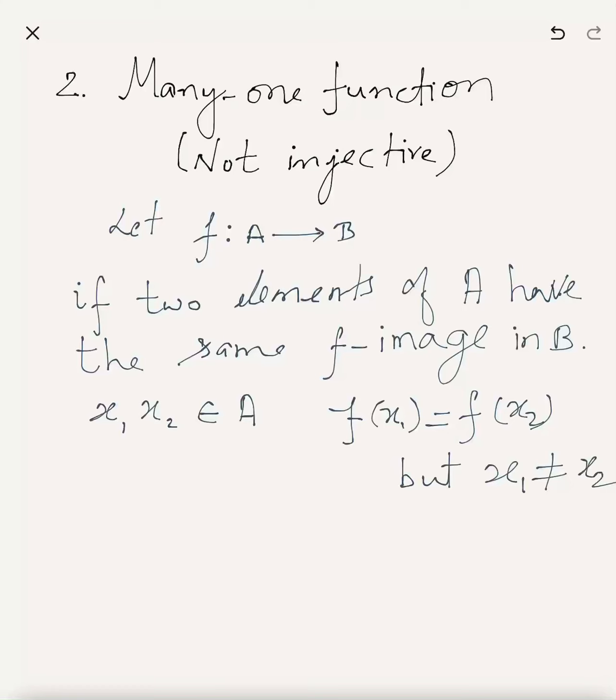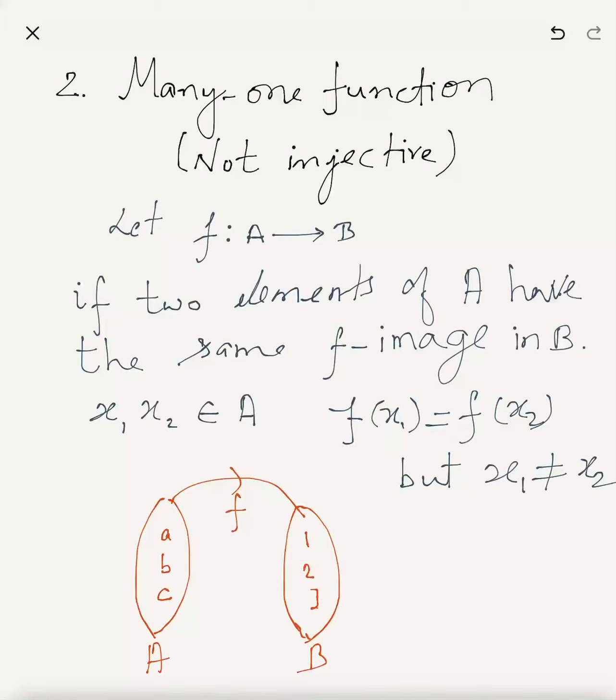Let us understand this through mapping. Let us draw it. This is set A and this is set B. F is a function from A to B. A, B, C and 1, 2, 3.